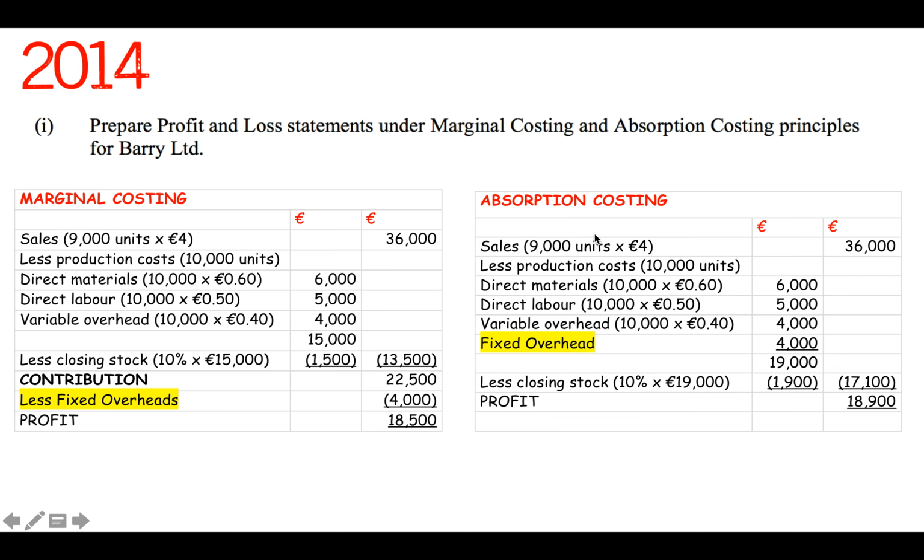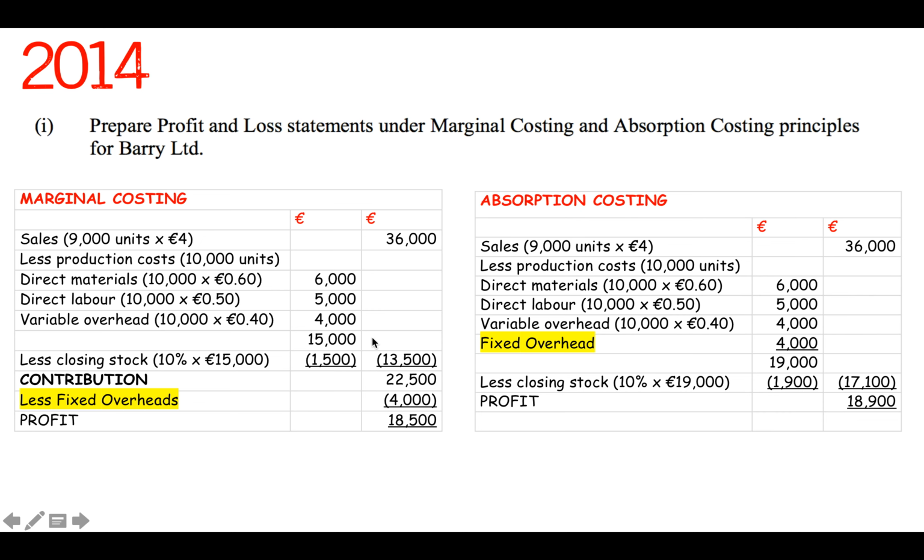Under absorption costing principles, it's going to look different. A lot of it's the same, but we are also adding the fixed overhead in here. So the sum total cost of production then is €19,000. And the closing stock is going to be 10% of the 19,000.